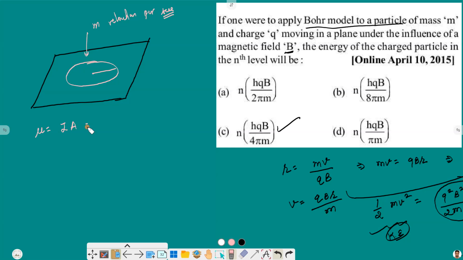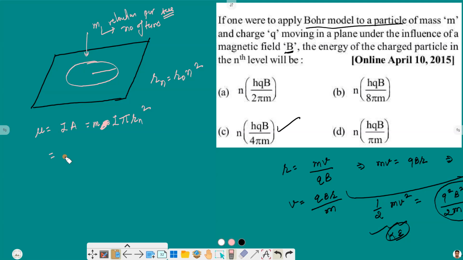Then this m will act as the number of turns. So mu will be m times I times area, that will be pi times Rn square. And as Bohr model is applicable, like the hydrogen atom, we can write Rn is equal to R naught times n square. So that is it, m I pi R1 square.